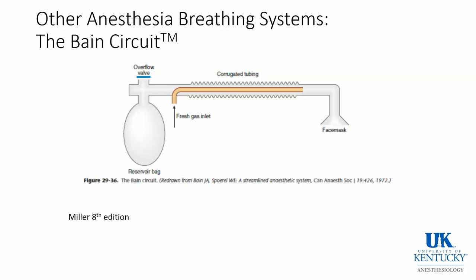For spontaneous ventilation, the fresh gas flow should be 100 to 150 mL per kilo. Now, theoretically, perhaps you may use a Bain circuit someday with total intravenous anesthesia.